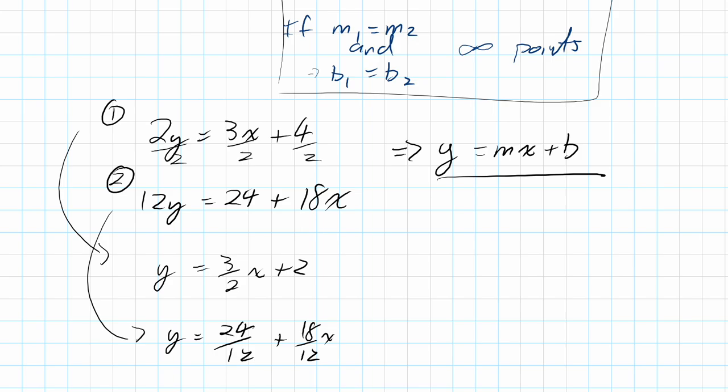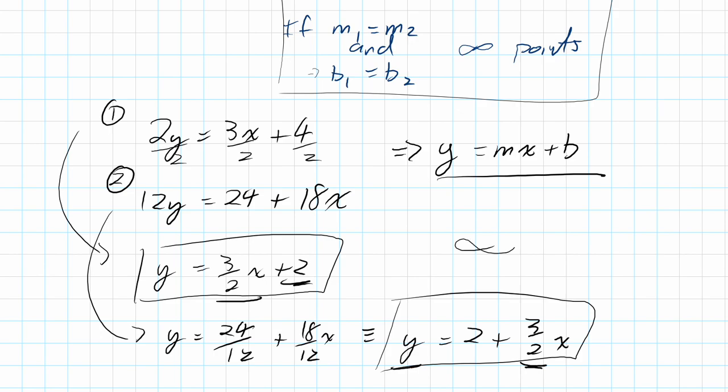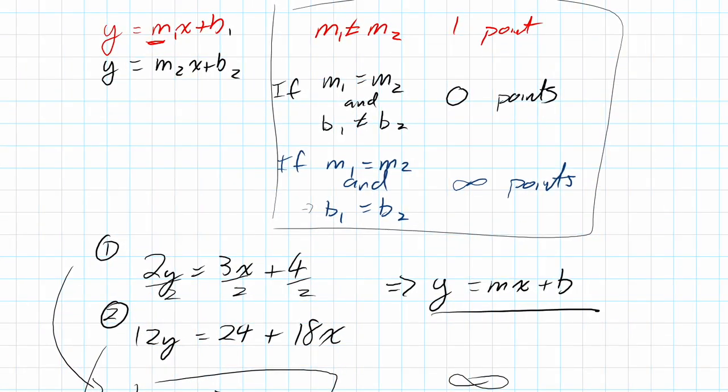Simplifying, this is the same as y equals 2 plus 3 over 2 x. Lo and behold, doesn't matter the order they're written in, those are actually the same equation, which means the slopes are the same and the y-intercepts are the same, so it's an infinite number of solutions. As long as you get into that form and reference this little chart, you can answer every one of those relatively quickly.